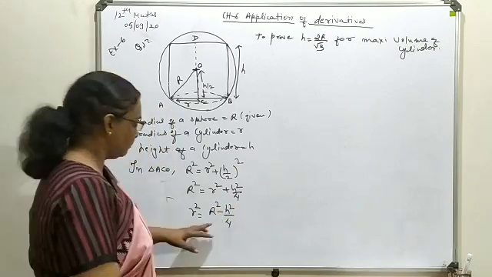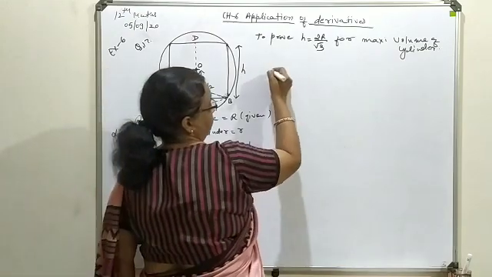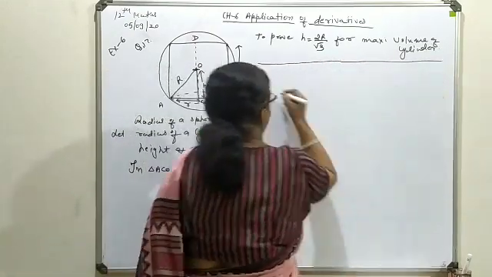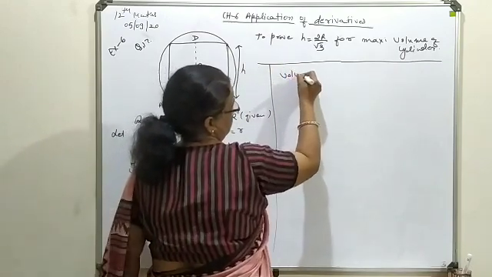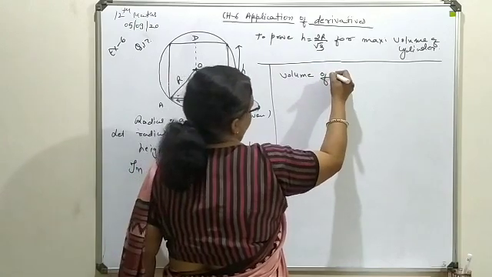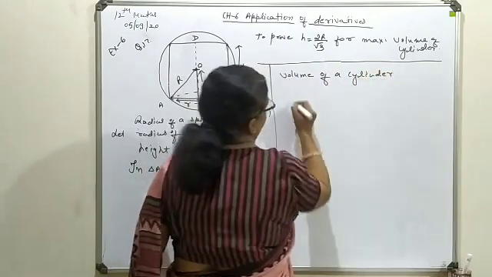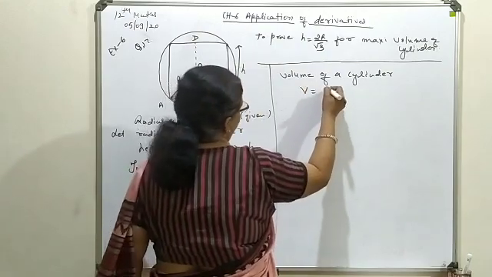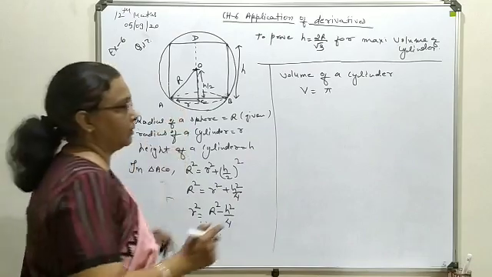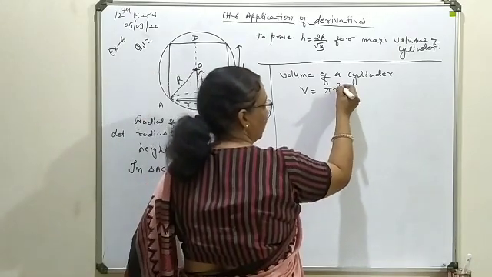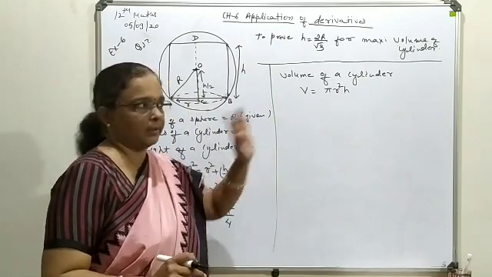Now we define the volume of the cylinder. V is equal to pi, the radius of the cylinder is small r, and the height of the cylinder is small h, so this is pi r square h.